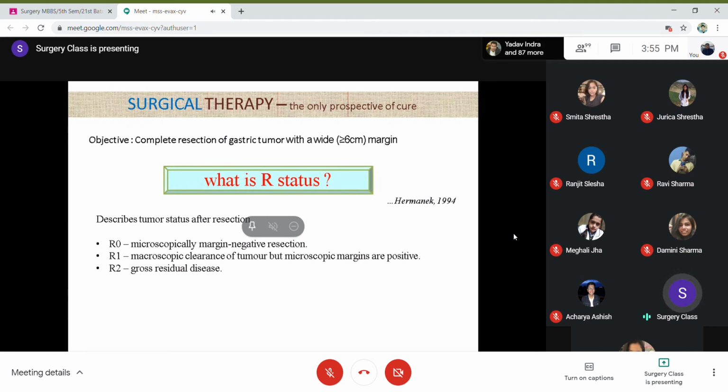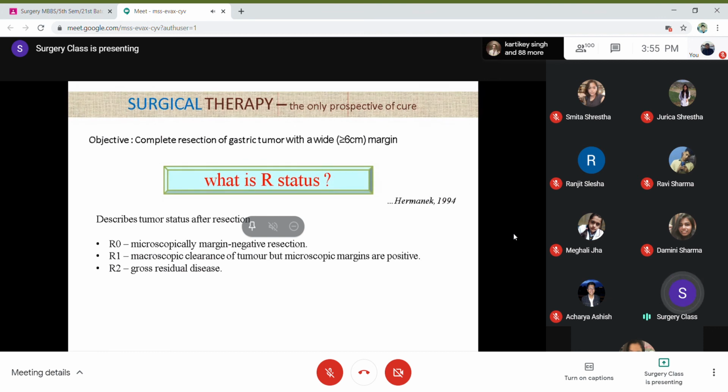Maybe next week I'll take one class for you with regard to the surgical therapy and the neoadjuvant and the adjuvant chemotherapy. So just see, what is the R status.